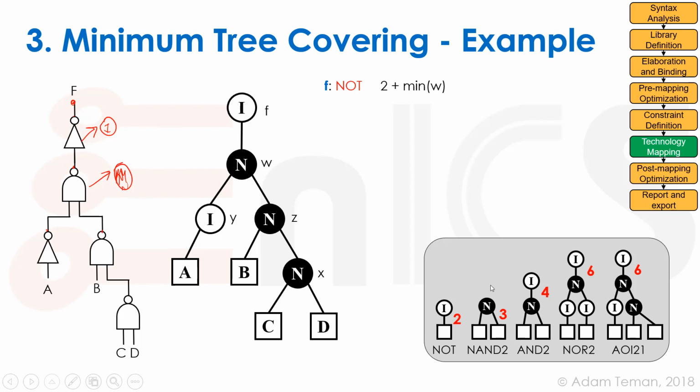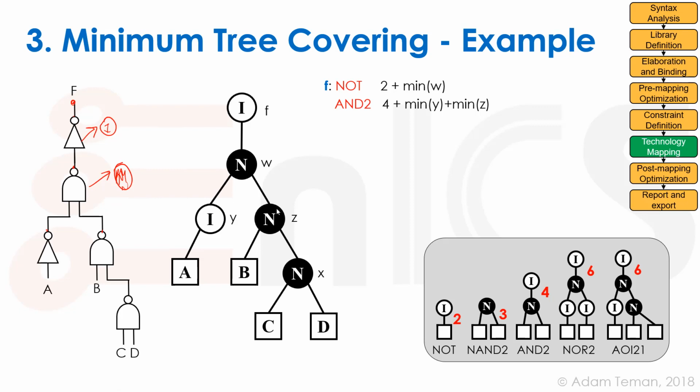It's connected to an N over here. That looks like it should fit, and this has 2 inputs. Wow, this AND 2 gate could also be placed here and cover our tree. So if we decide to put an AND 2 gate there, the cost of the AND 2 gate is 4, and we have to add to that the minimum of the cost of node Y and the cost of node Z.